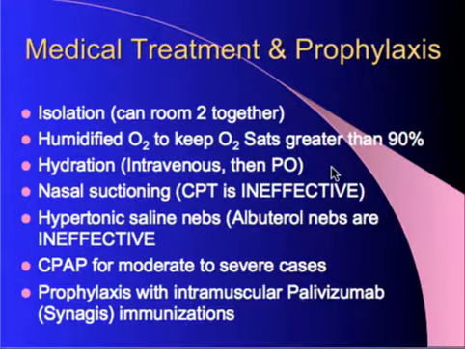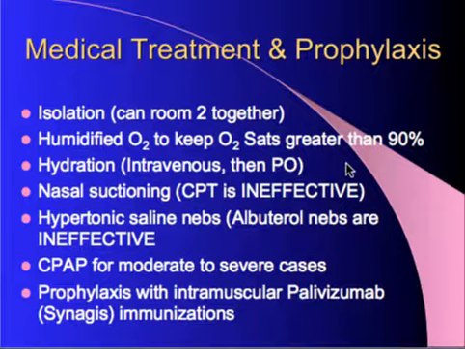Medical treatment and prophylaxis. These children need to be on isolation. You can room 2 of them together, but they have to be on isolation. Droplet precautions. They need humidified oxygen to keep their O2 sats greater than 90%. They need hydration, IV and then PO. Nasal suctioning needs to be done. Chest PT is ineffective and so does not need to be done. These children will receive hypertonic saline nebs.